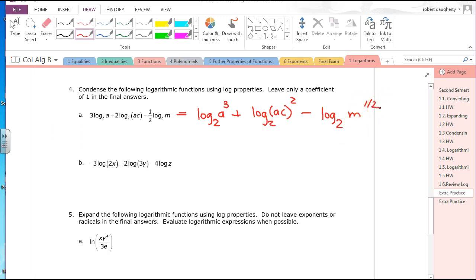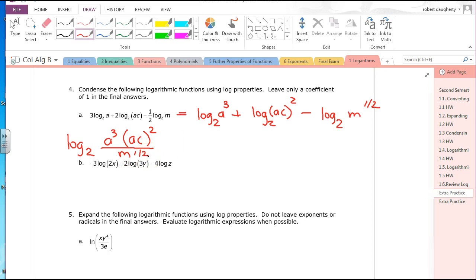So this is going to be the log base 2 of a cubed times ac squared over m to the 1/2. I would probably take that as a final good answer.